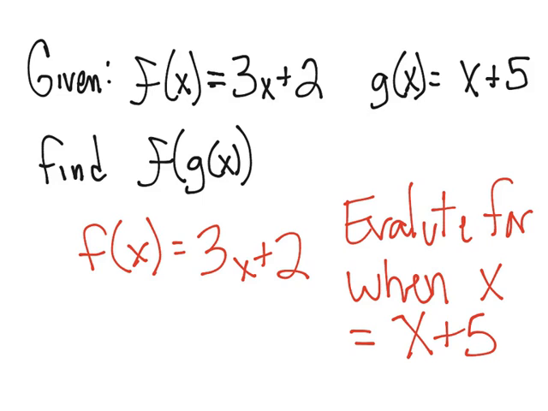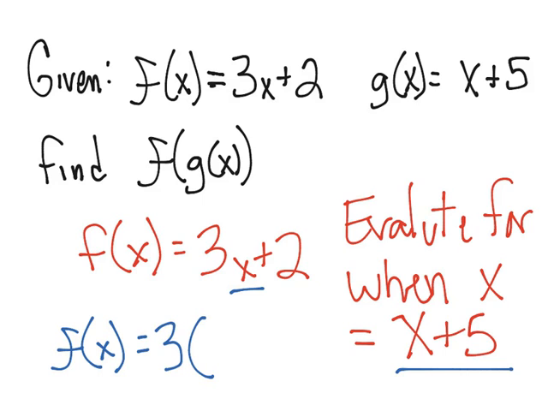We're simply replacing the x in the expression with the new expression x plus 5. So in this case, our new function would be f of x equals 3 times x plus 5, plus 2.